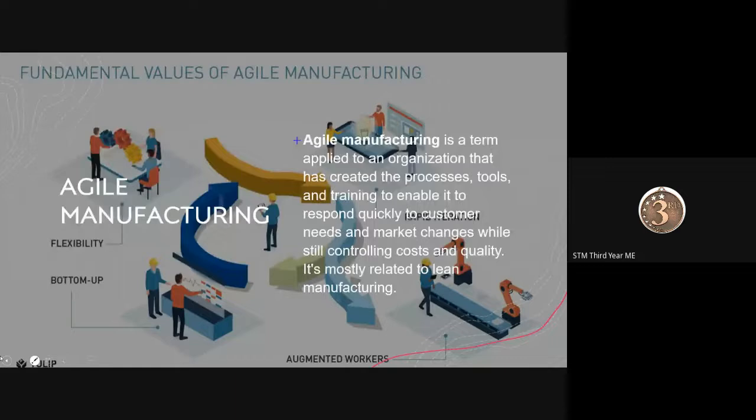And how can you ensure that? We can ensure that by implementing that technology or that particular improvement as fast as you can, and then obtaining that demand and sending that product to the customer. So that is what comes under agile manufacturing.